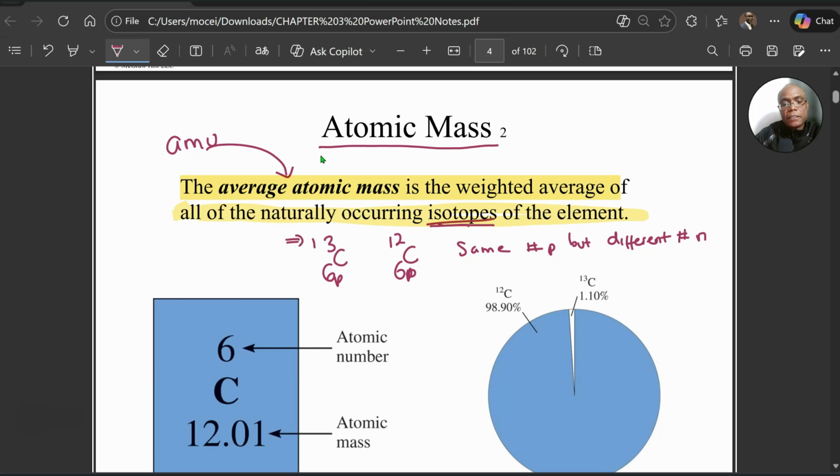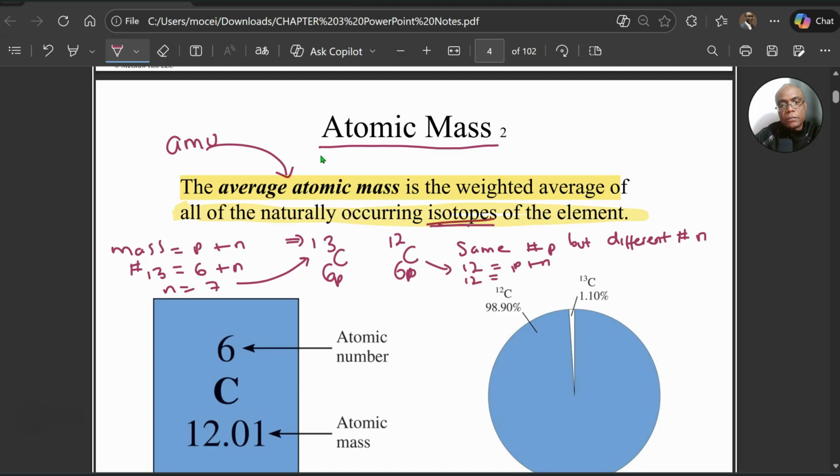How do I know? 13 here is the atomic mass of this element. So I know that the atomic mass of an element is number of protons and neutrons. So 13 equals 6 plus n. So n is 7 for carbon-13. Do the same here. 12 equals p plus n.